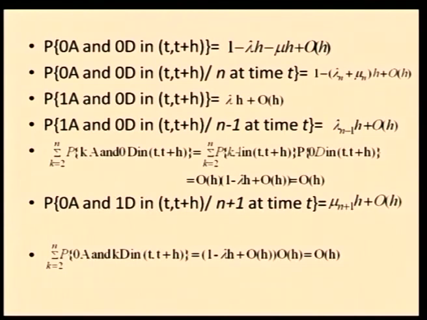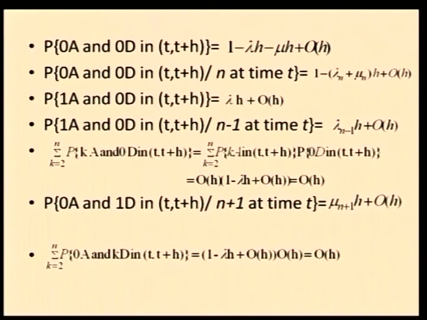The probabilities we saw for each type of event are as given here: the probability of 0 arrivals and the probability of 0 departures in t to t plus h. The probabilities mean the rates are proportional to the length of the interval. So, we went on to write the probabilities of all the mutually exclusive events.